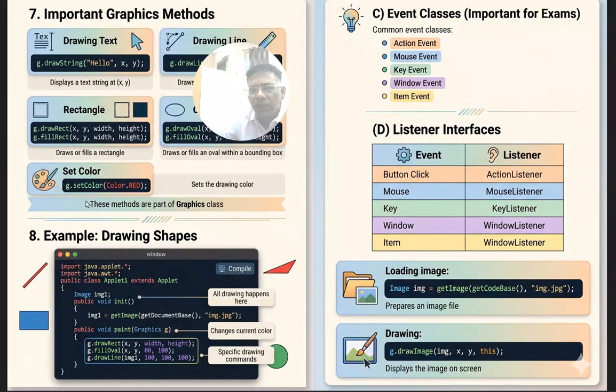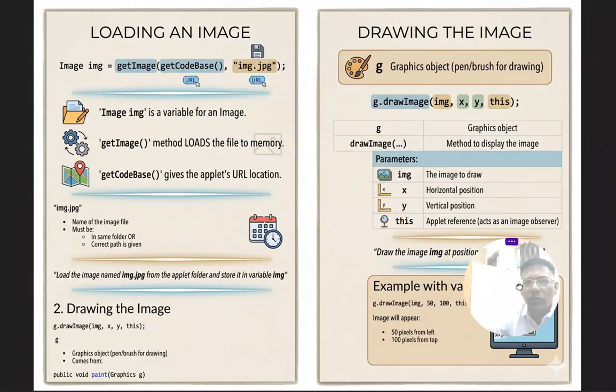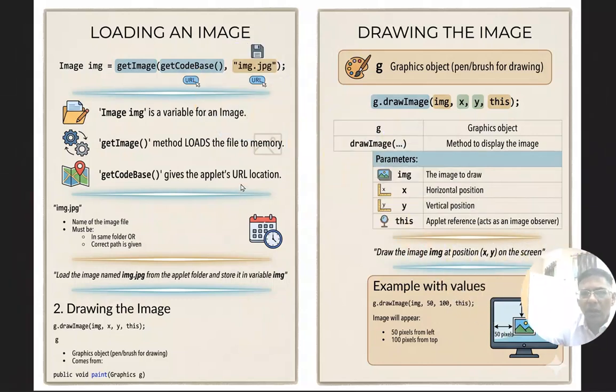This is a very important question generally asked about images: how to load an image. So Image img, getImage, getCodeBase, and this is the URL of the image. getImage is a method that loads the file into memory, and getCodeBase gives the applet URL location.